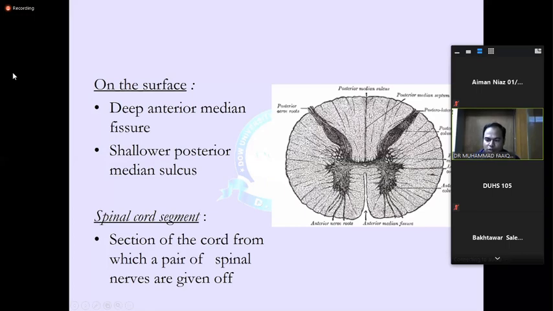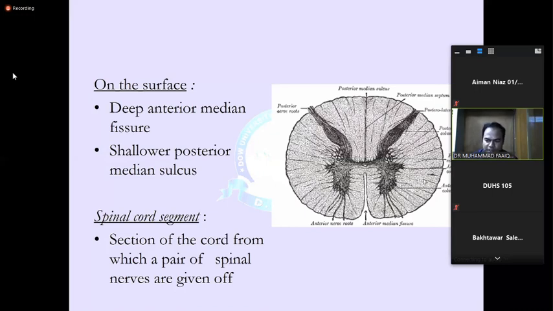In between the dorsal horns, there is the dorsal column, which is further divided into two important tracts. You people already know these tracts are fasciculus gracilis and fasciculus cuneatus. We will see the function of these two later on. In the same way, in the anterolateral column, there are different tracts.